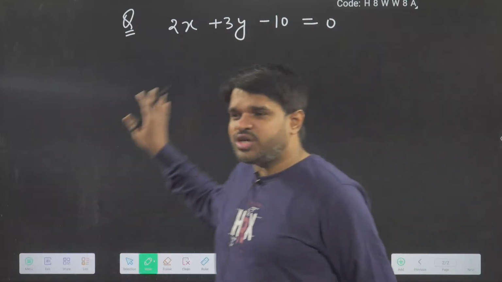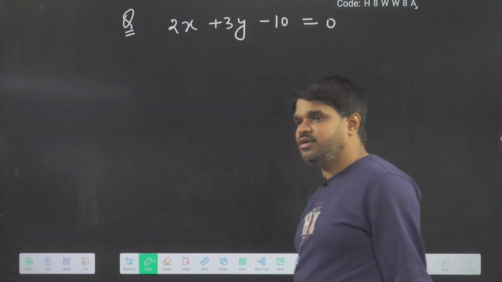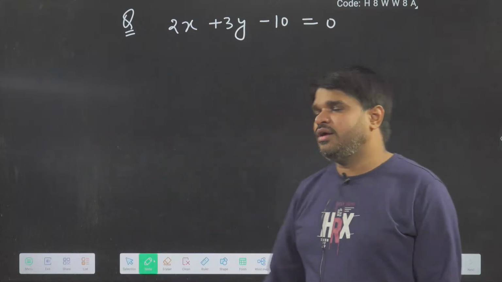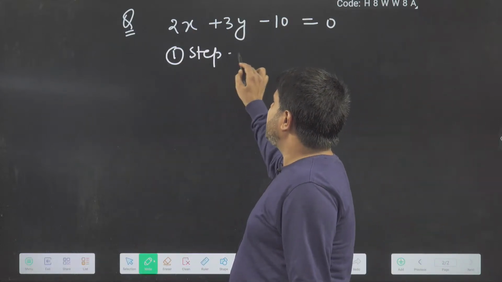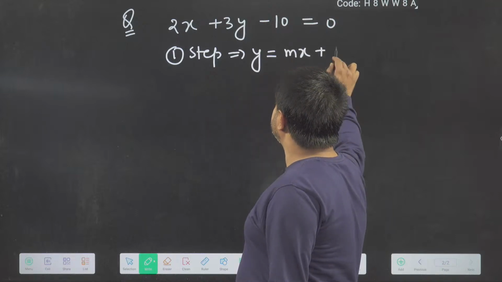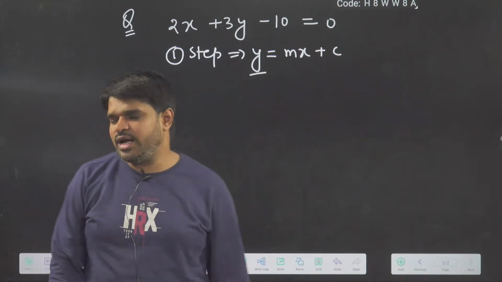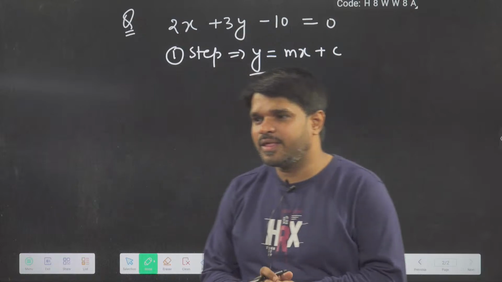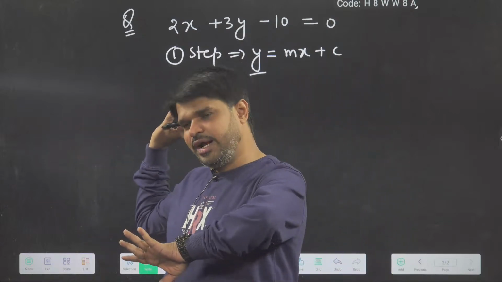Sanjana, just try doing this question. I will discuss it. 2x plus 3y minus 10. Step number 1: what is your step 1? Write the equation in the form of y equals mx plus c, y alone on one side, everything else on the other side. Try doing it.